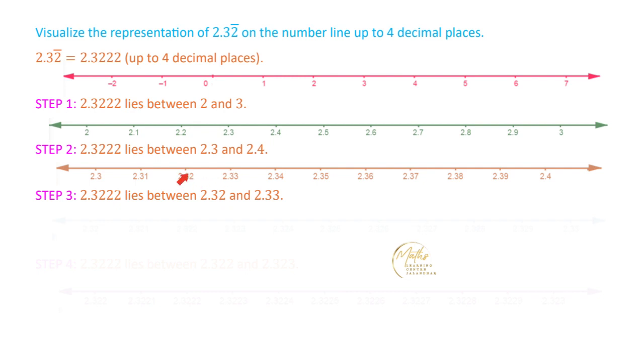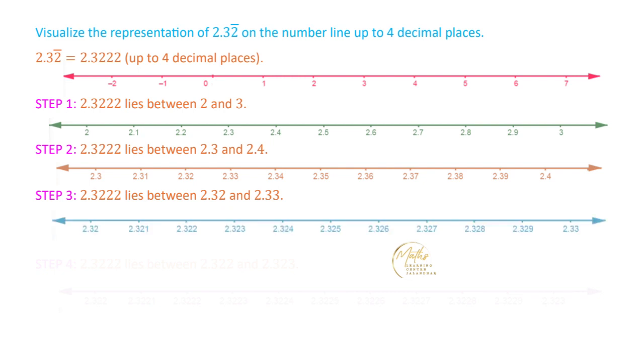Now we are going to magnify this portion. This is 2.32, and this point is 2.33. We have magnified this portion and marked the 10 points, dividing it into 10 parts.